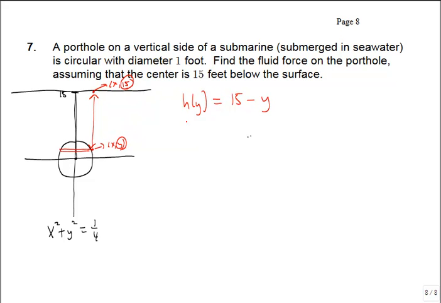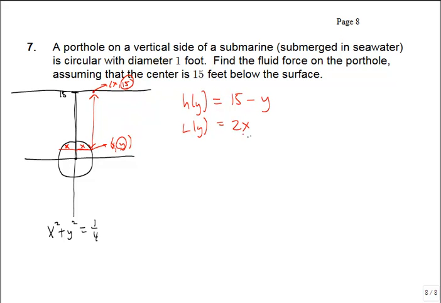Now we need to get our length function, and this x value is this horizontal distance going across. So this is my x here, and I need the other side as well to be x, to give me a full length of 2x going across.